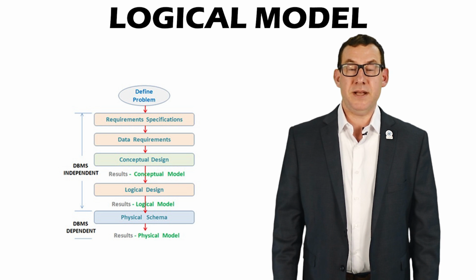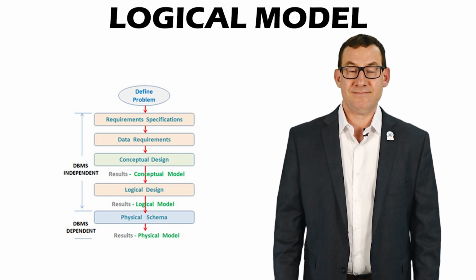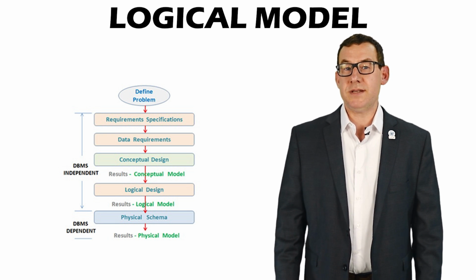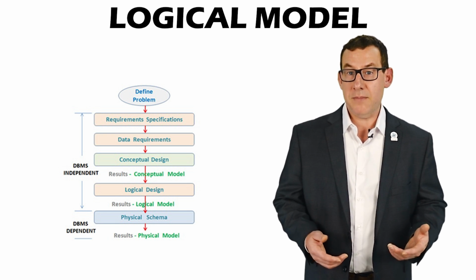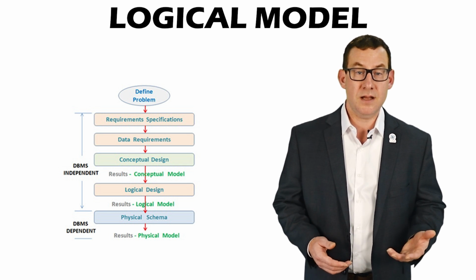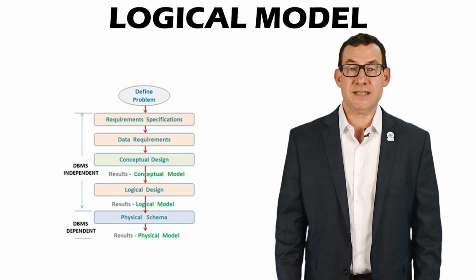A logical database model. A logical database model is a representation of the database structure based on a specific data model that can be mapped onto storage objects supported by the database management system.